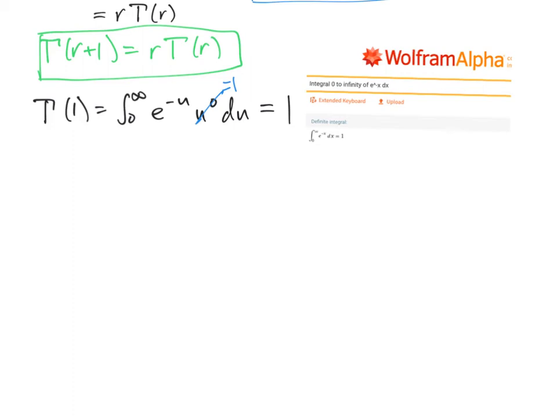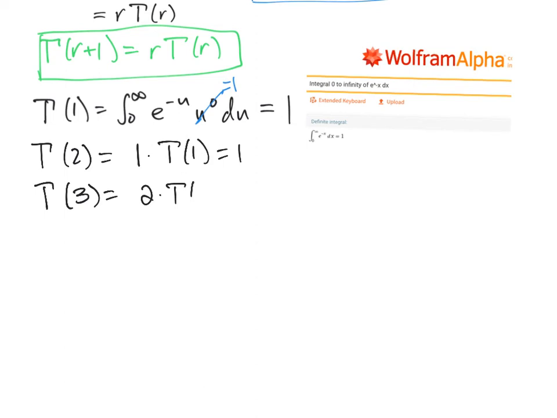So now what about gamma of 2? Well, now I can use the green result. With r equals 2, we get 2 minus 1, so 1 times gamma of 1, which equals 1. Gamma of 3, now r equals 3, so we get 2 times gamma of 2, which equals 2.